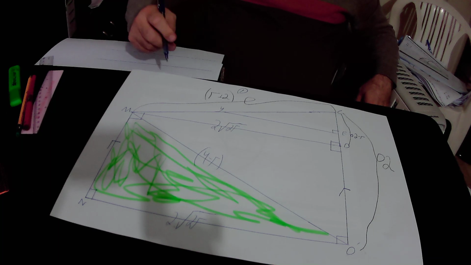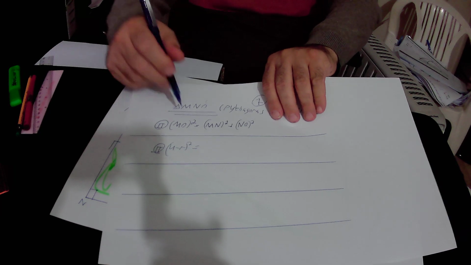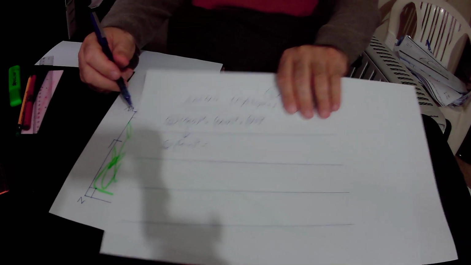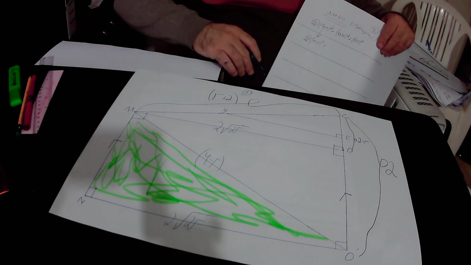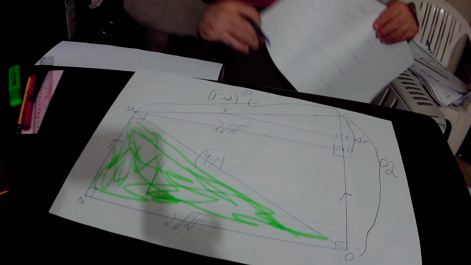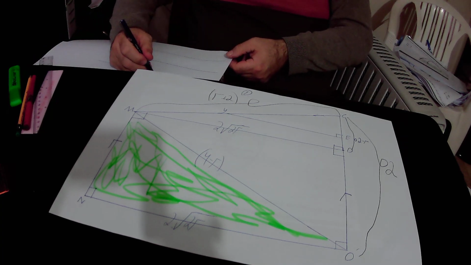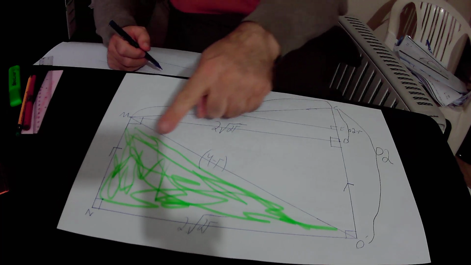So MO square equals 4 minus R square, and MN equals R. If MN equals R, then MN square will be equal to R square plus NO square.